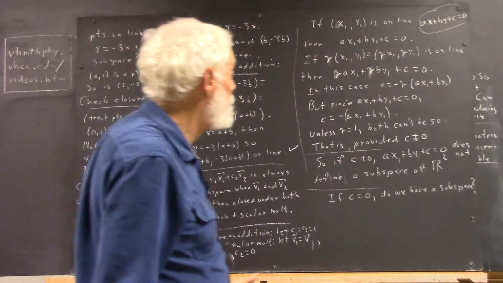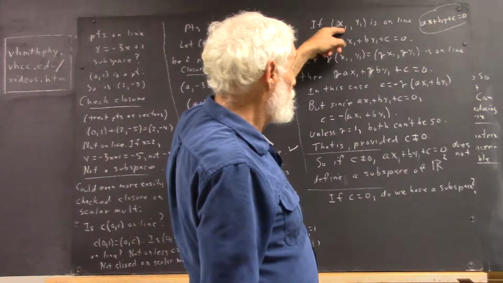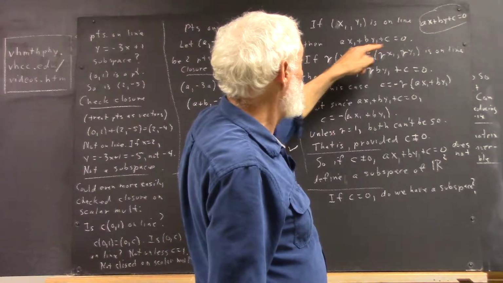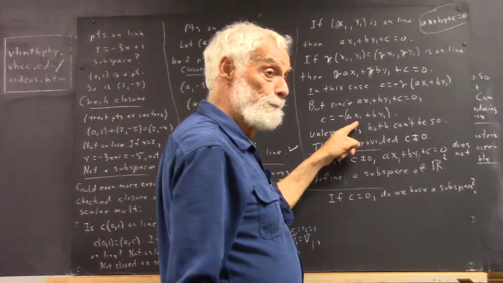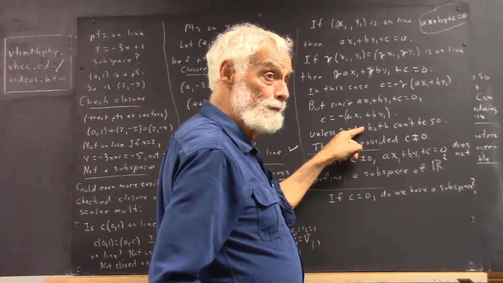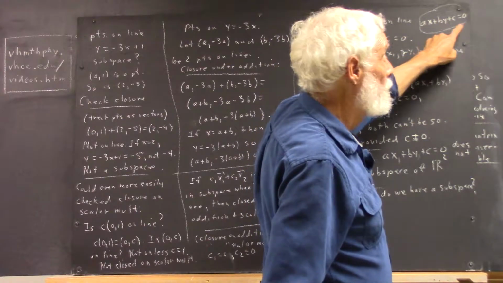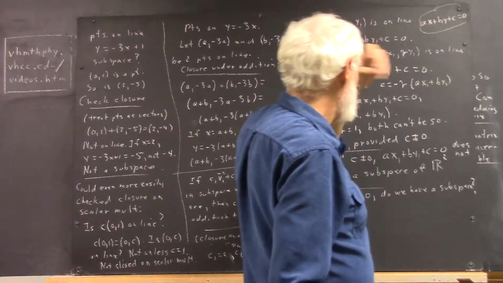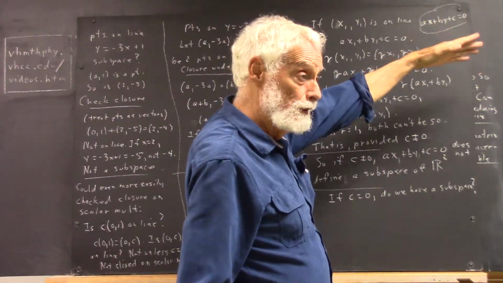But what we know is that this point is on the line, so C has to equal negative Ax1 minus By1, okay? Now, can C equal this and this? Remember, C is a number in this equation. That number doesn't get to change, okay? So C is a number in the equation that defines the line.